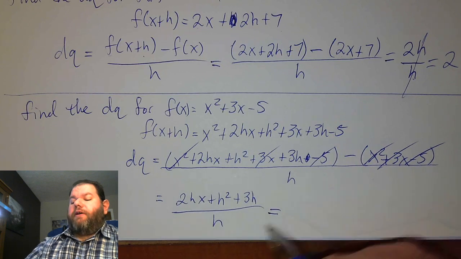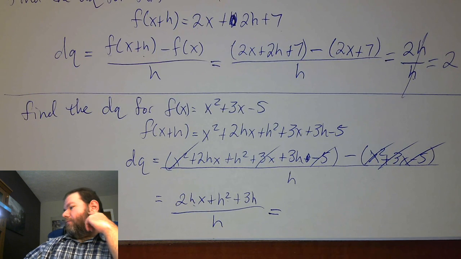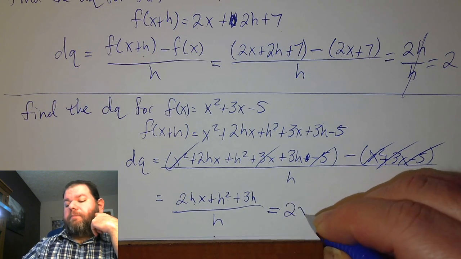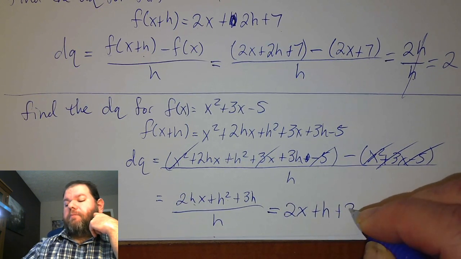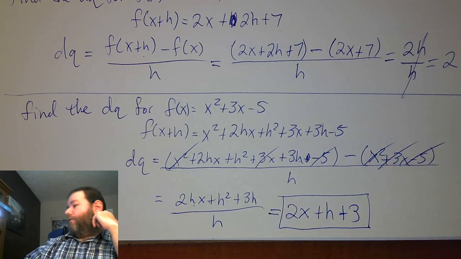What happens after we divide everything on top by h from the bottom? Two x plus h plus 3. And so that would be our difference quotient.